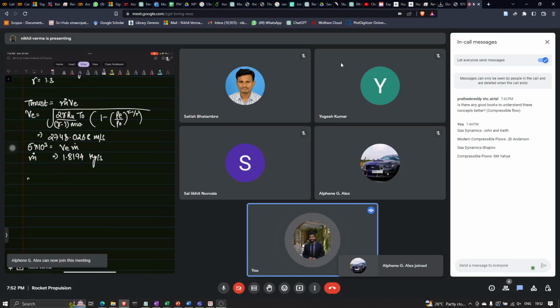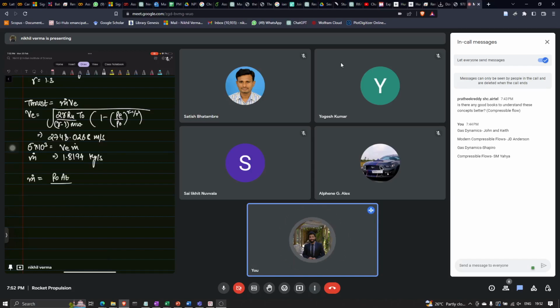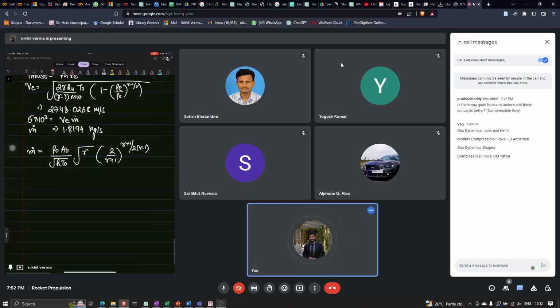Now you can use m dot equals P naught A throat gamma by square root of R T naught, times (2 by gamma plus 1) to the power (gamma plus 1) by 2(gamma minus 1). So you have 1.8194.